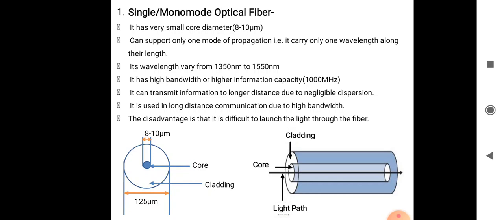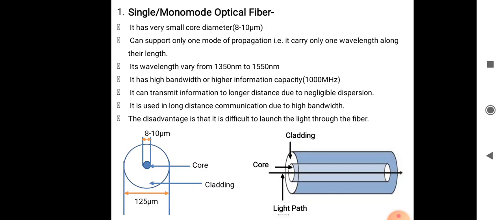Another thing, this single optical fiber supports only one mode of propagation. If you see this second figure, it is observed that this single optical fiber carries only one wavelength along its length.